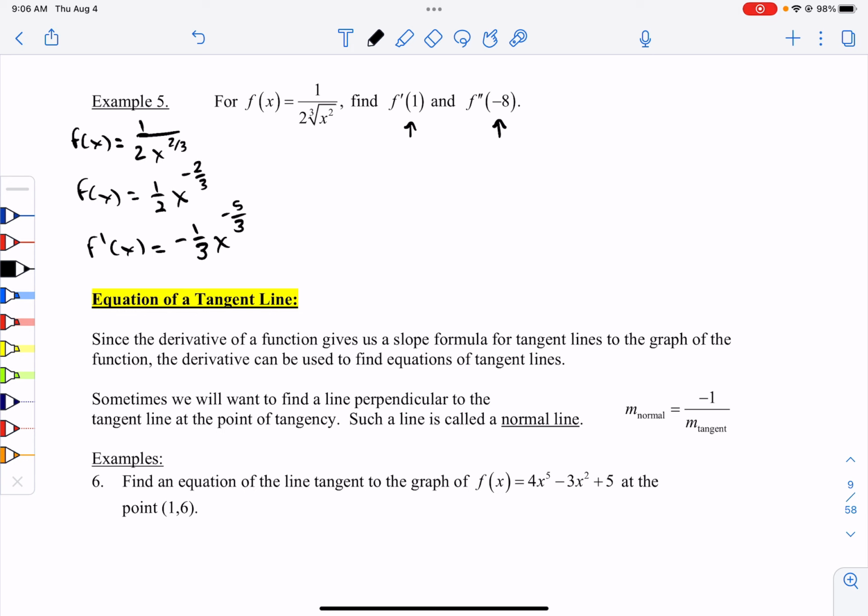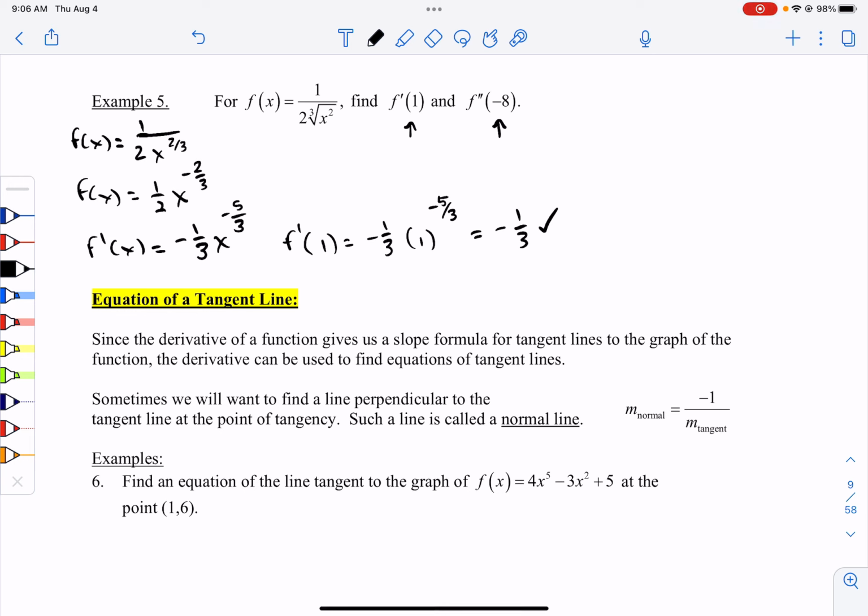So let's do f prime of 1, it wants us to plug in a 1. So negative 1/3 times 1 to the negative 5/3. Now 1 to any power is 1. So this one's not too bad because my answer just becomes negative 1/3.